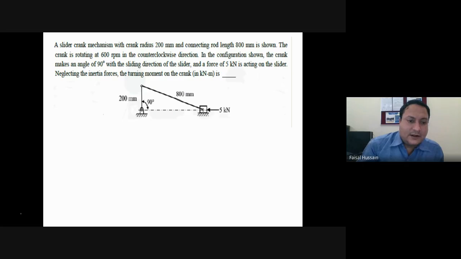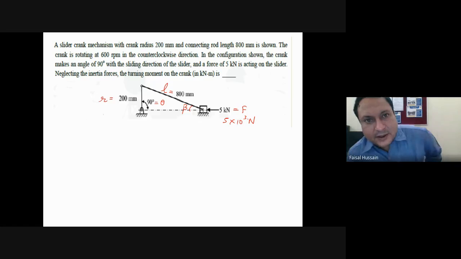Here this angle is your theta. R is the radius of crank. L is the length of connecting rod. This is beta. Force is given. It is 5 into 10 raised to power 3 Newton.